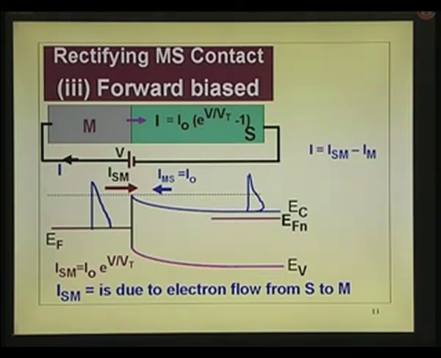In order to avoid confusion, I put the arrow as the actual direction of current, and I put it in the metal. The ISM I put in the metal region because the electrons which have got transferred onto the metal give rise to current in the metal, ISM. That current will flow through the semiconductor also. And IMS, what is IMS? Current due to electrons which can cross the barrier from metal to semiconductor.